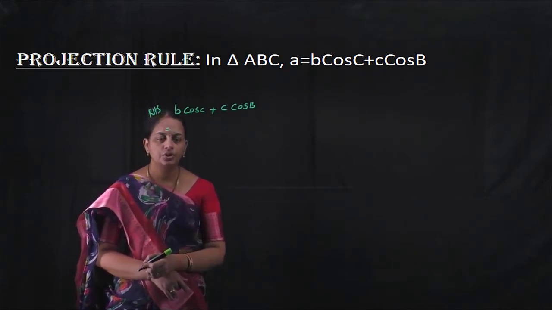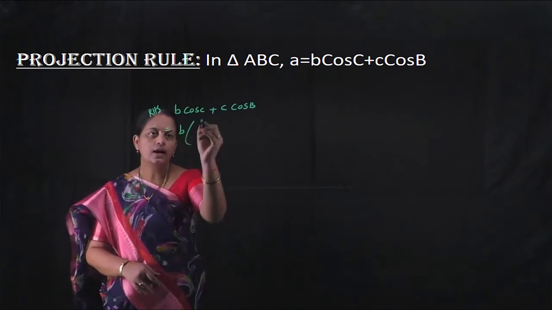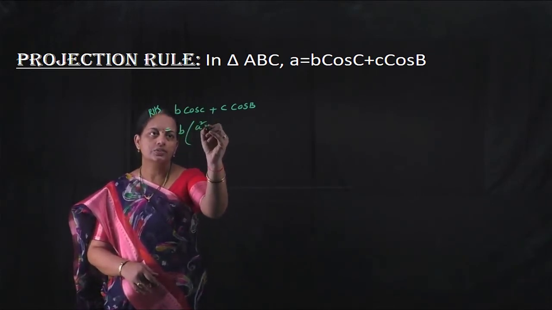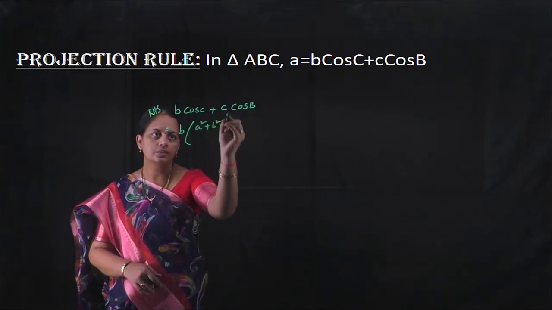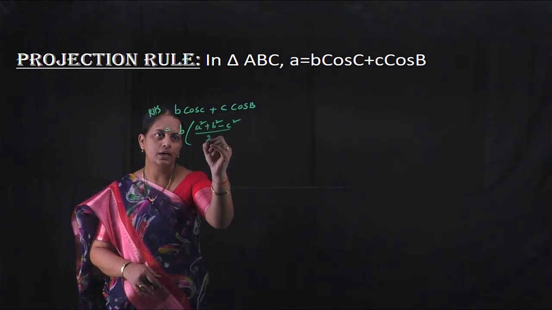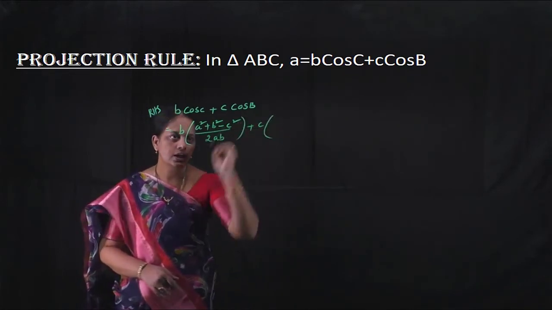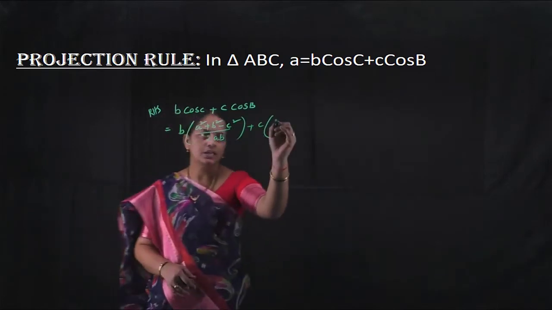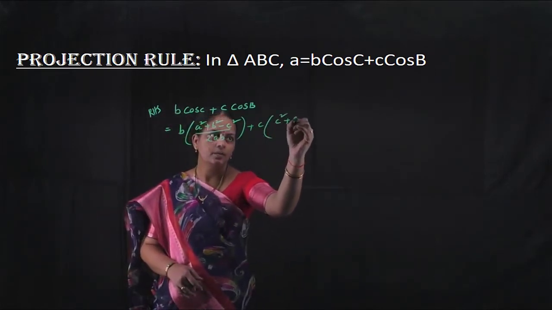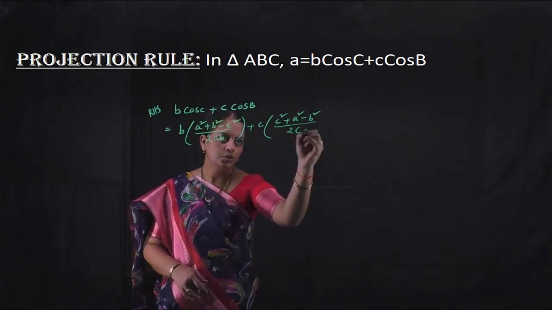By substituting those two values, we get b into cos C, which is (a squared plus b squared minus c squared) by 2ab, plus c into cos B, which is (c squared plus a squared minus b squared) by 2ca.